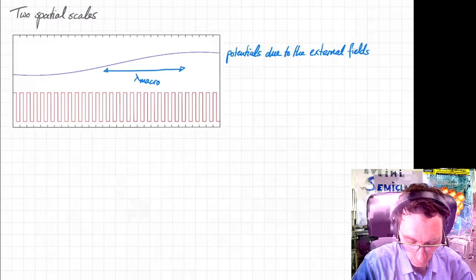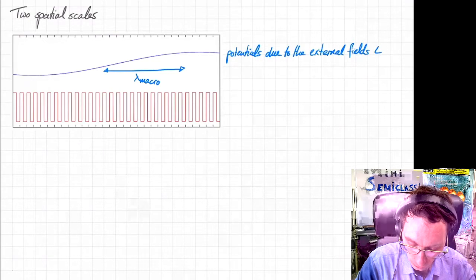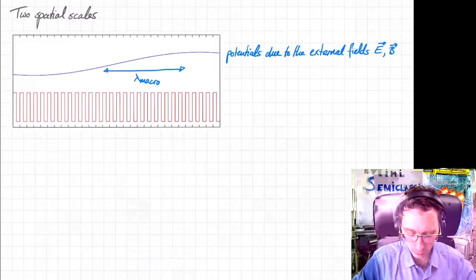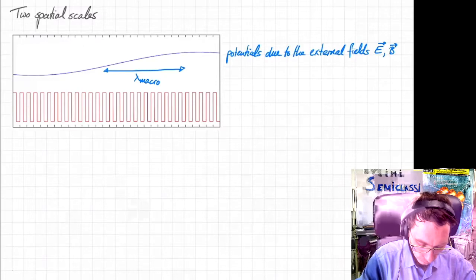So here with external fields, I of course mean the electric field and the magnetic field. And these vary on a much, much bigger spatial scale.